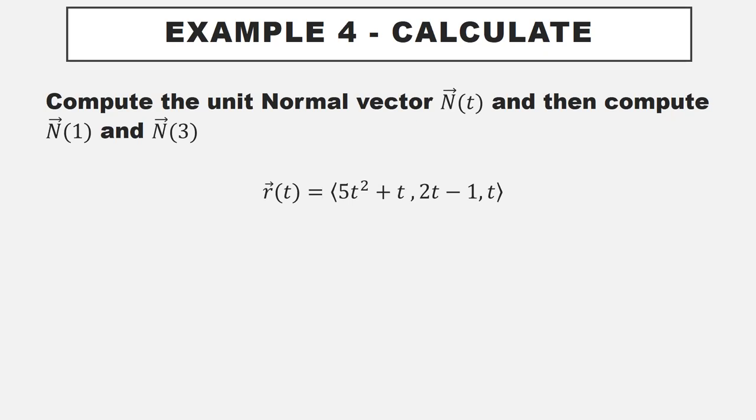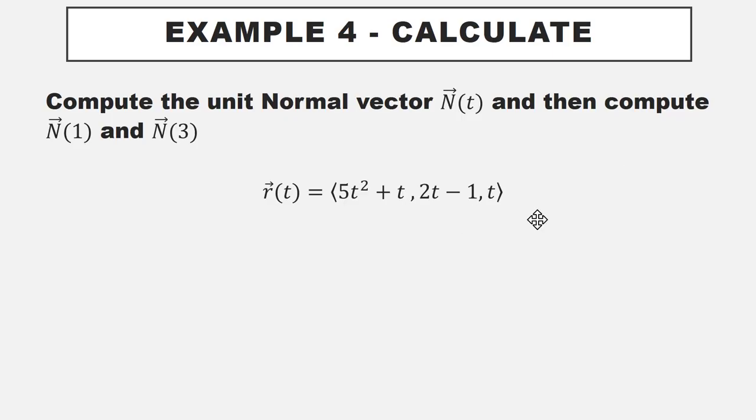Let's take this vector valued function, which has its components determined by polynomials. And let's compute the unit normal vector for it in general first, and then also plug in 1 and 3 into our variable.